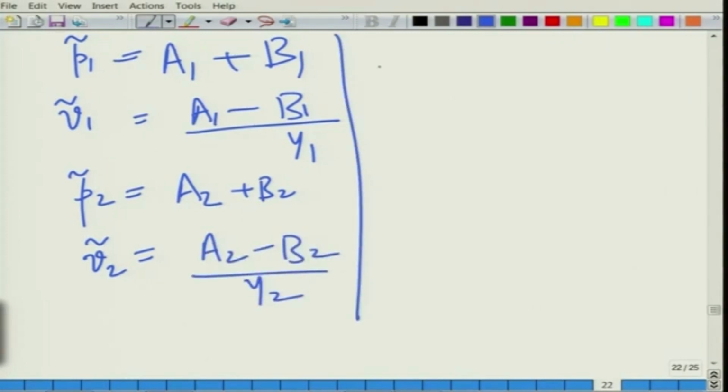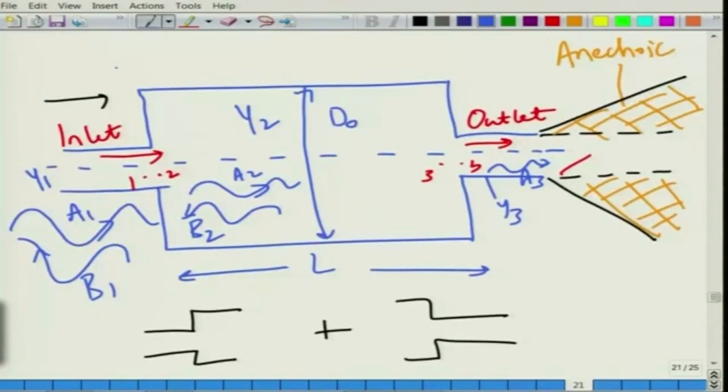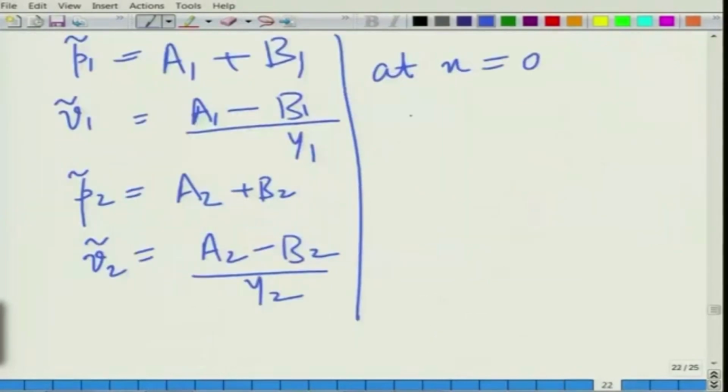So, at x is equal to 0, that is to say here at this part, and this is x is equal to L, P1 tilde is equal to P2 tilde, and mass velocities, if you recall, they are also the same, what we derived in the last lecture.